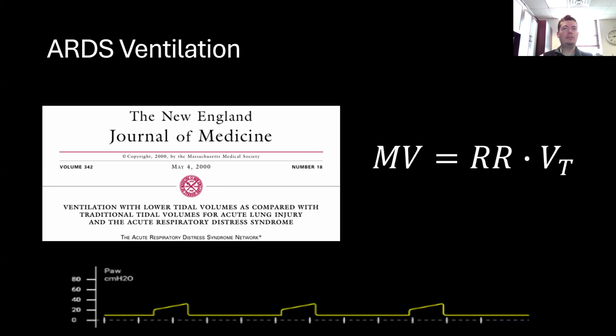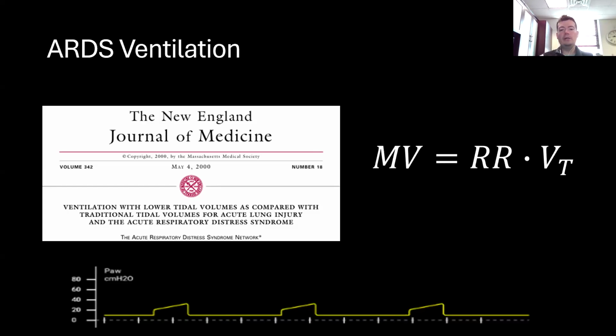So we're going to be targeting somewhere in the range of 6 to 8 milliliters per kilogram of ideal body weight. And this is another study that I just have referenced here on the screen from the ARDS Network, which was the one that demonstrated better outcomes using these lower tidal volumes compared to traditional.